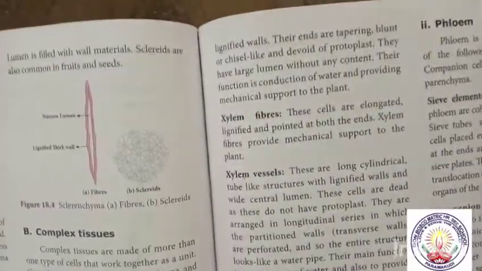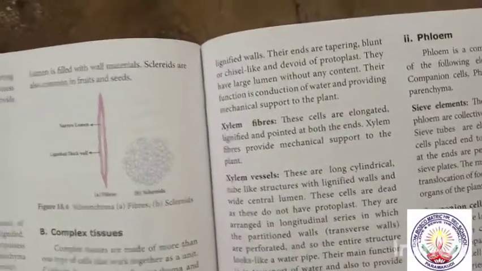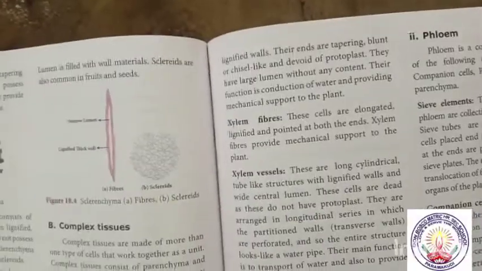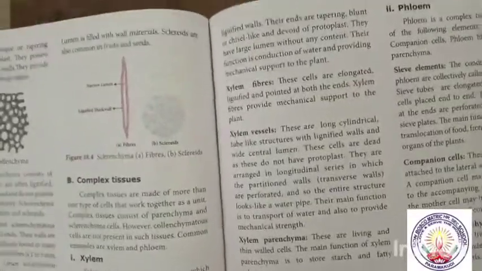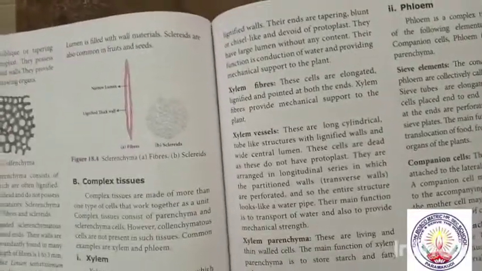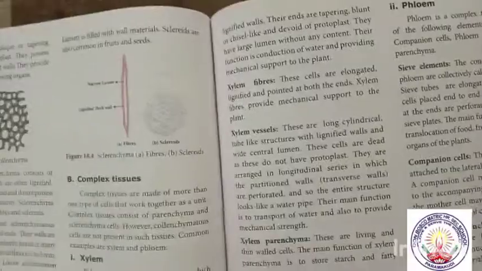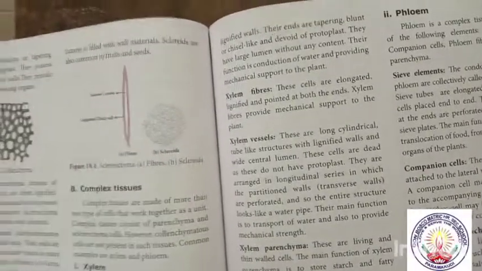Xylem fibers. These cells are elongated, lignified and pointed at both the ends. Xylem fibers provide mechanical support to the plant. Xylem vessels. These are long cylindrical tube-like structures with lignified walls and wide central lumen.